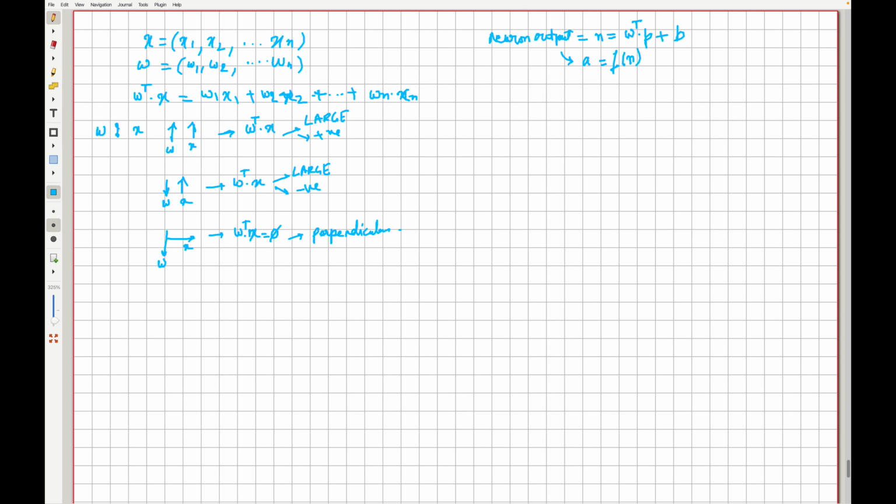So every neuron in this case is computing a dot product between the input and its weight vector.